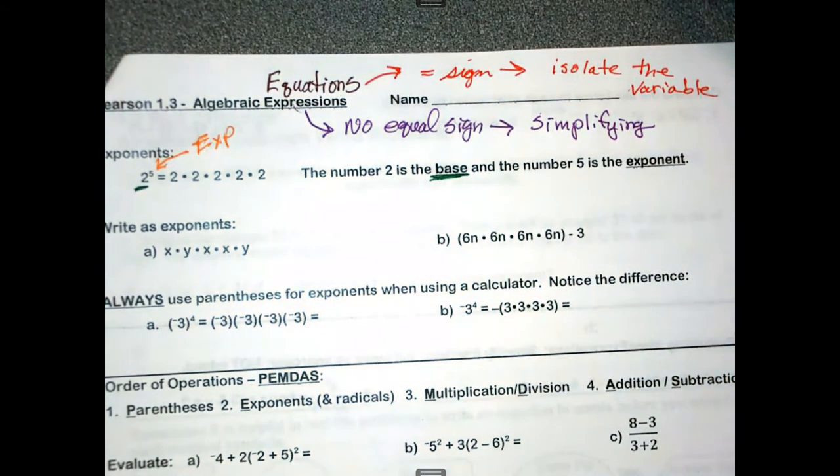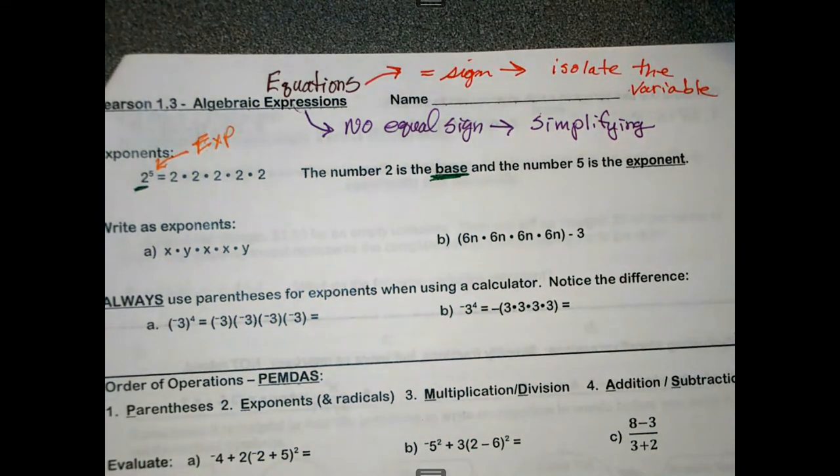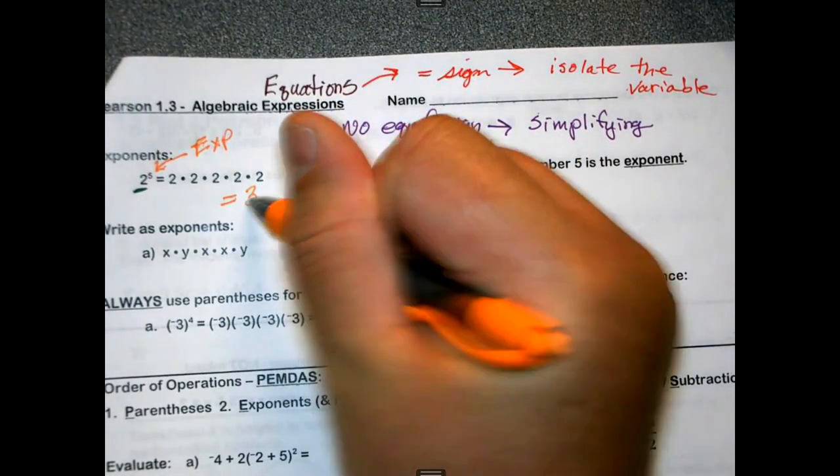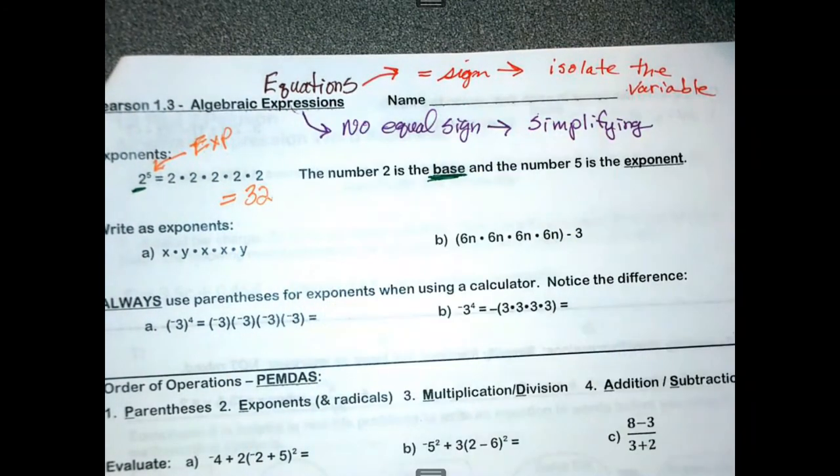Together, 2 to the 5th is called a power, where 2 is the base and 5 is the exponent. What that means is 2 is being multiplied by itself 5 times. So 2 times 2 is 4, times 2 is 8, times 2 is 16, times 2 is 32. So this equals 32.